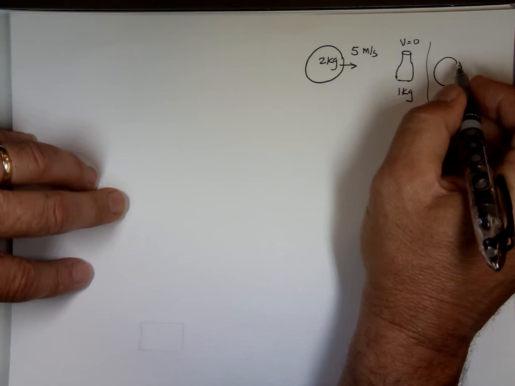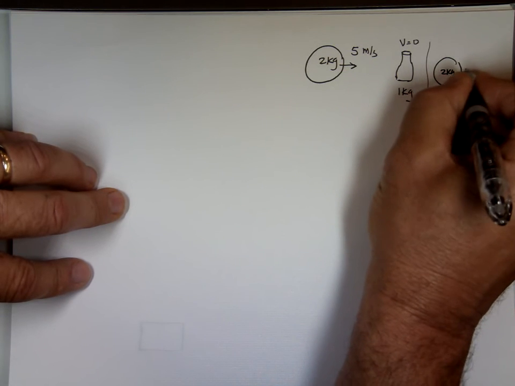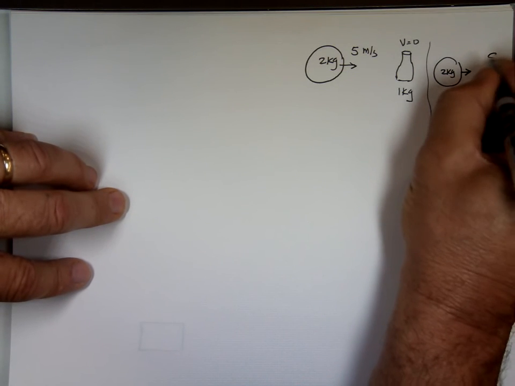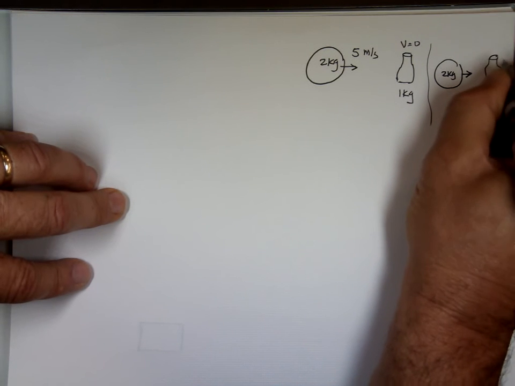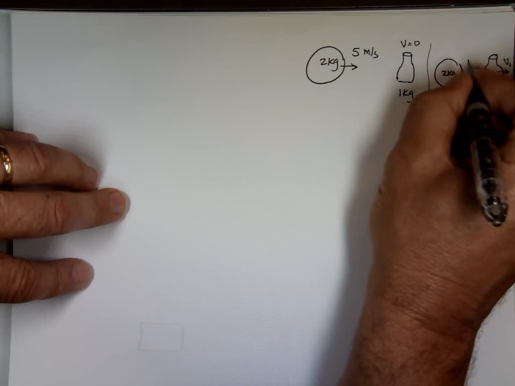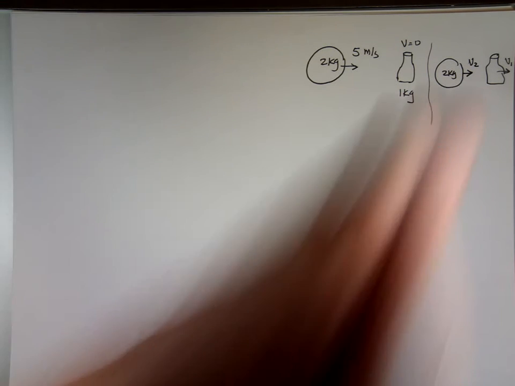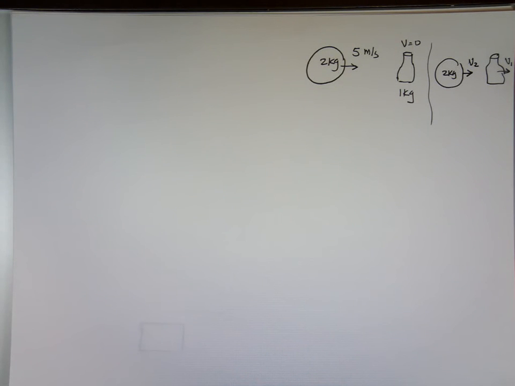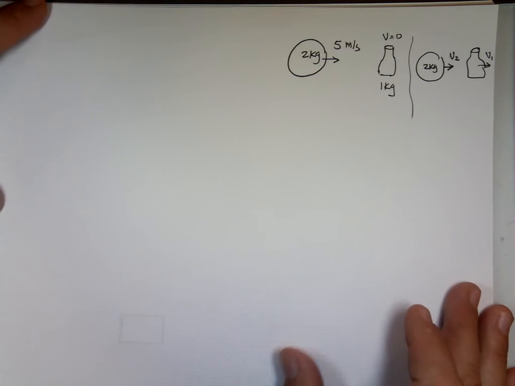This is the 2 kilogram. It's going to move forward, and the pin is going to go flying. V1, V2. What are the final velocities after they collide? After this one hits this, right smack in the center. If you've ever watched the game on TV or played that game, you know they don't stick together.